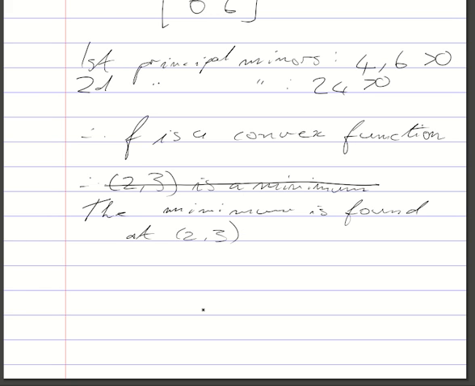Well, there's actually still one very, very important step. The question is to minimize the function, not just to find out where the minimum is. So we actually have to include in our answer the minimum itself. So we need to evaluate the function at 2, 3.